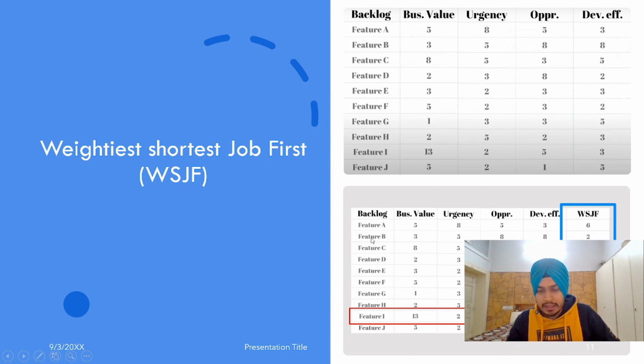And accordingly, we'll calculate the weighted shortest job first for everything, and see whichever feature has the greatest points for WSJF, then this feature would be done at the start. I think that if we do it like that, then our clients would be much happier.